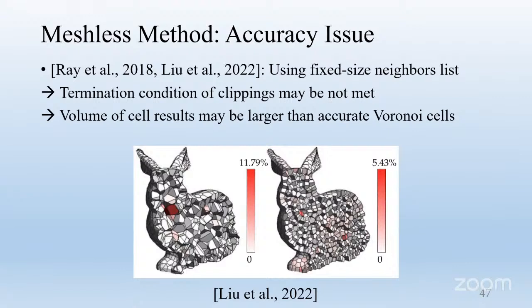Thank you for the question. You are right. For existing implementations of the meshless method, when the size of the neighbors list is large enough, the cells can be accurate, but it still cannot guarantee the correctness for arbitrary inputs. On the other hand, when the size is large, the time cost and the memory usage for finding the neighbors list will both increase.